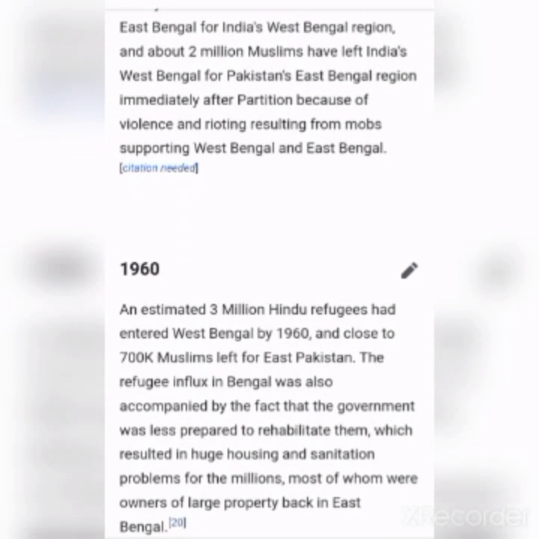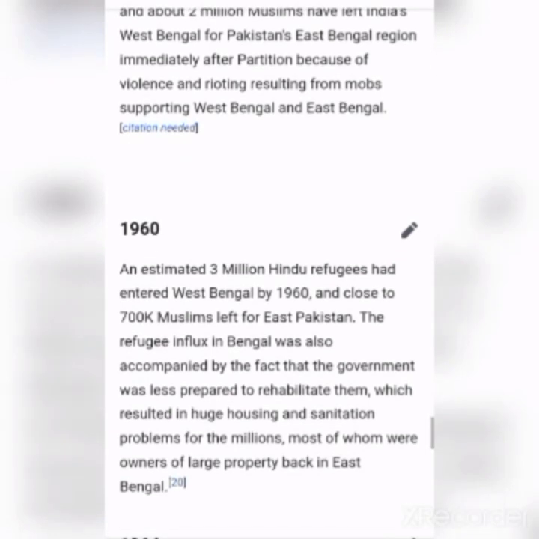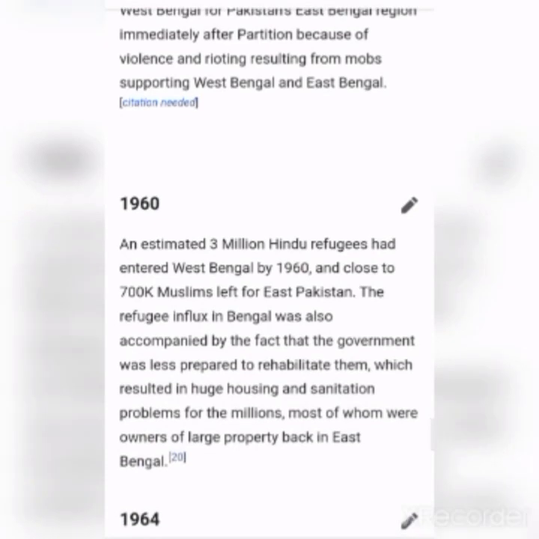1960. An estimated 3 million Hindu refugees had entered West Bengal by 1960 and close to 700,000 Muslims left for East Pakistan.